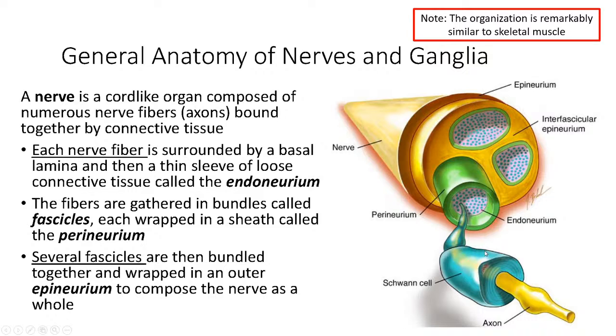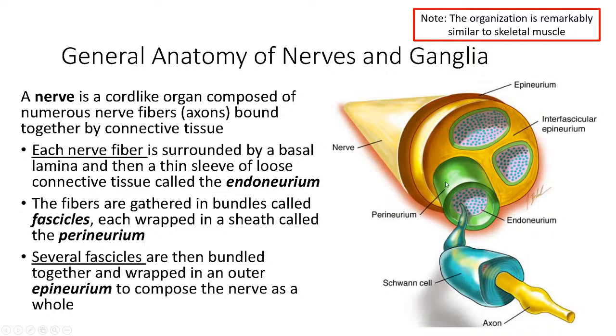Now, multiple nerve fibers or axons are wrapped up into a bundle called a fascicle. Just like in muscle, multiple muscle fibers were wrapped up in a bundle called a fascicle as well. And in the muscle, it was wrapped by a connective tissue layer called the perimysium. Here in the nerve, it's called the perineurium.